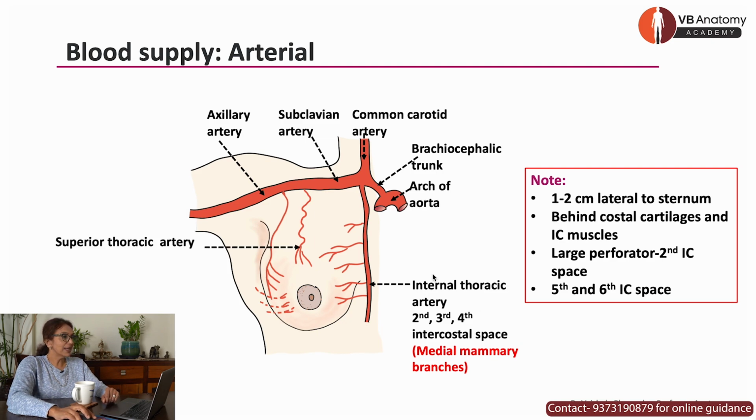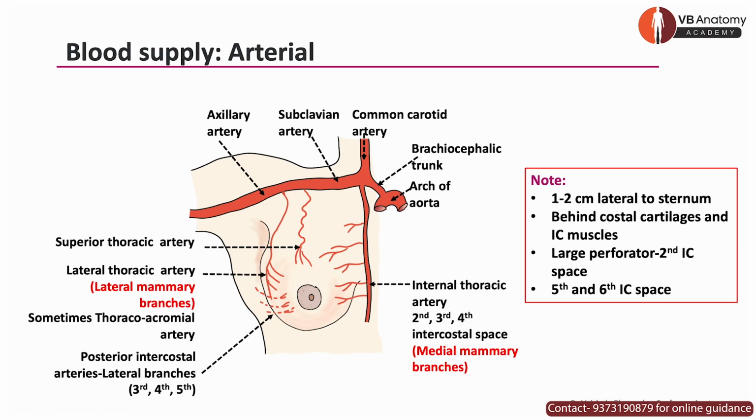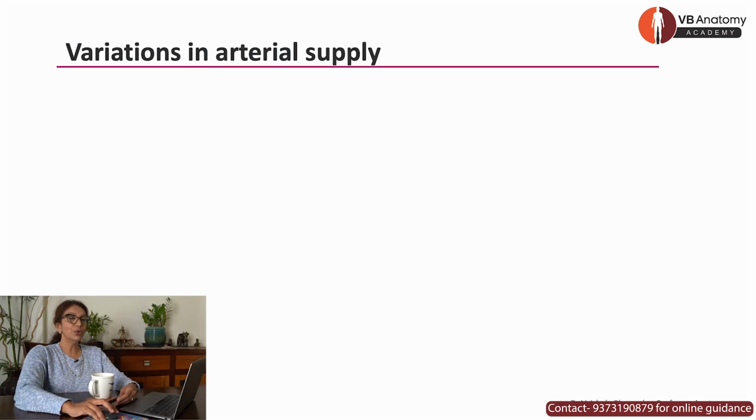On the lateral side, superior thoracic, lateral thoracic artery. The lateral thoracic artery forms the lateral mammary branches supplying the breast from the lateral side. Some branches can also come from thoracoacromial and a few from posterior intercostal. But the thing to note is that there is a lot of variation in this.